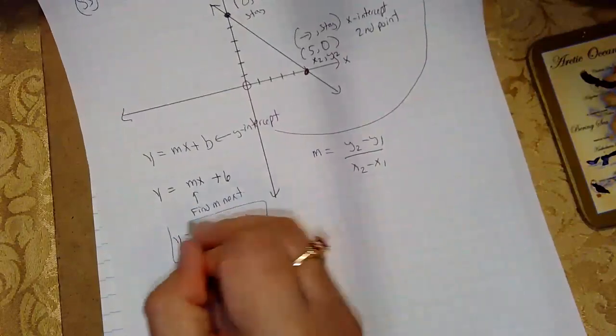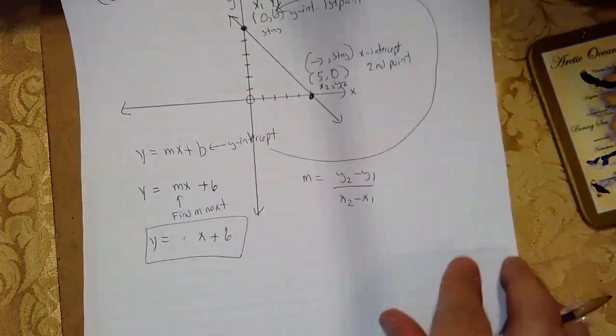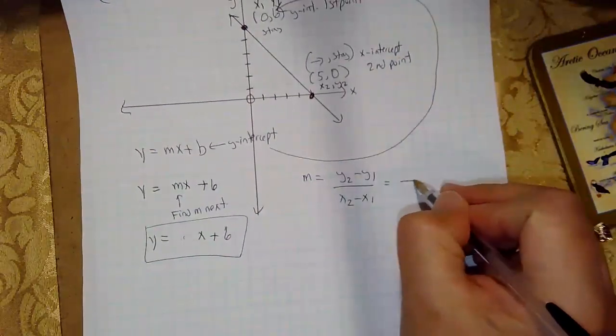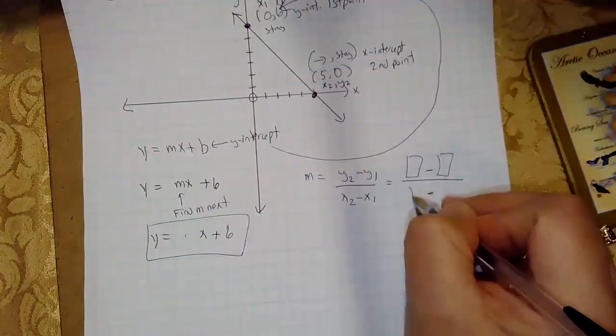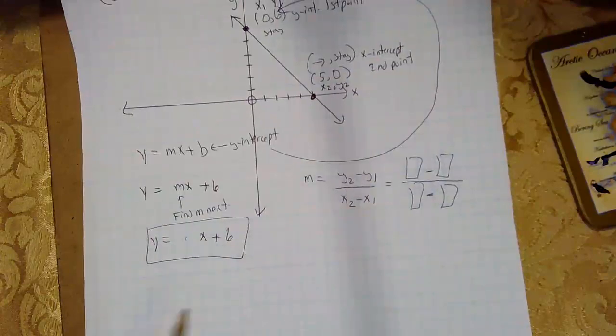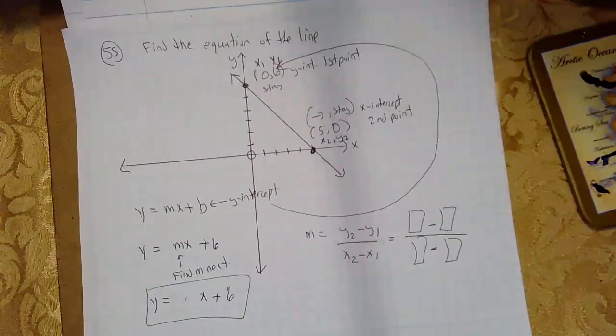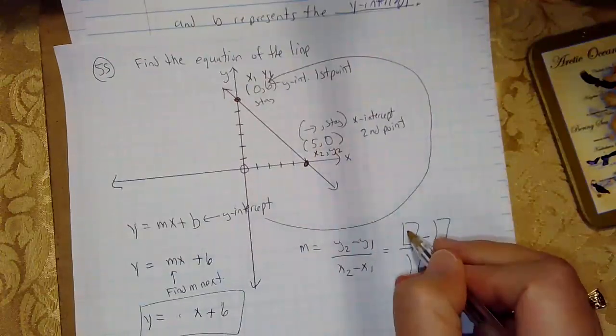When we do, we'll put it right here. So I'm going to find m using this formula, slope formula. So y2, see, y2 is right here, y2 is 0.